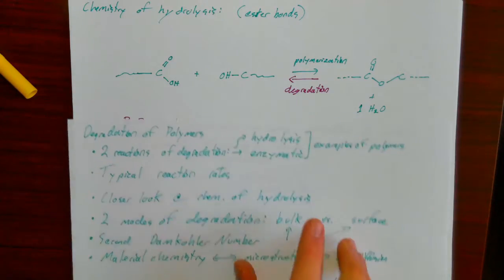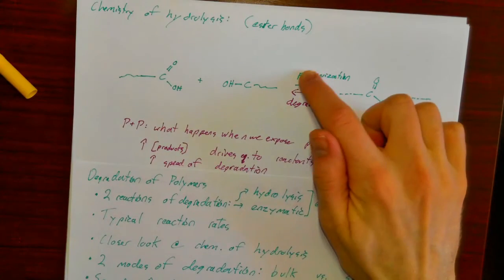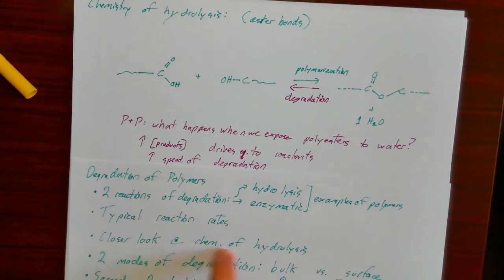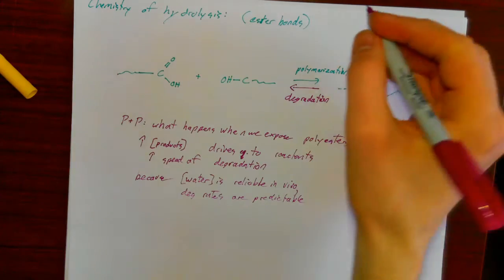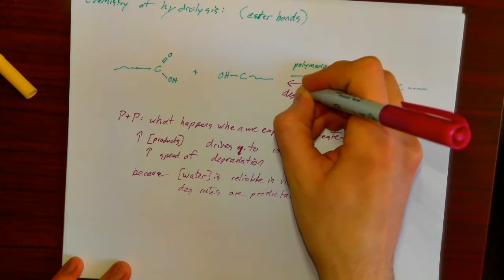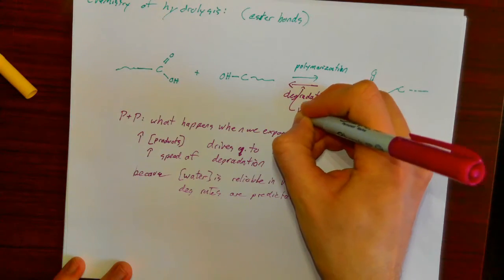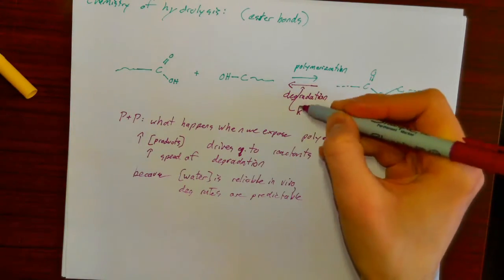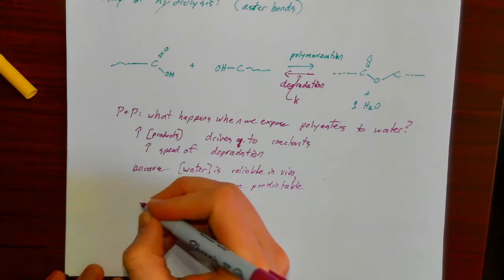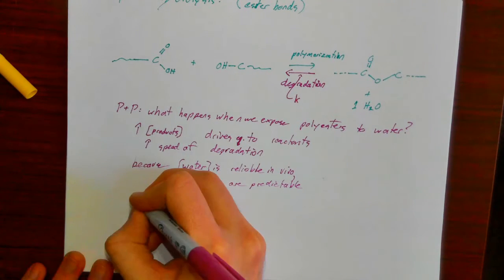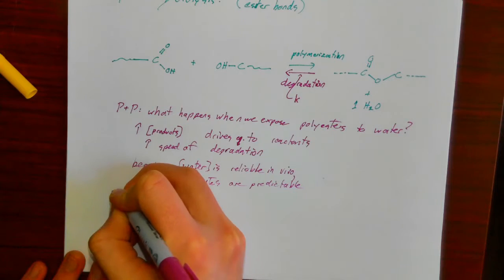But what are some other factors too? Well, if we continue to take a closer look at the chemistry of hydrolysis, there's this K. There's a reaction rate constant associated with this. Take a moment now, pause and ponder.